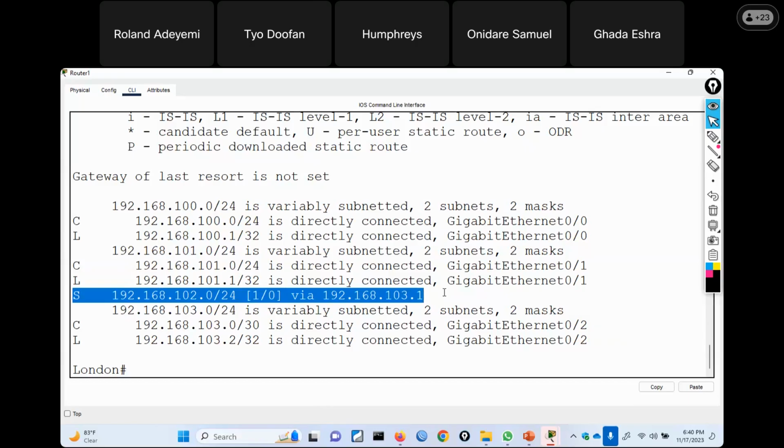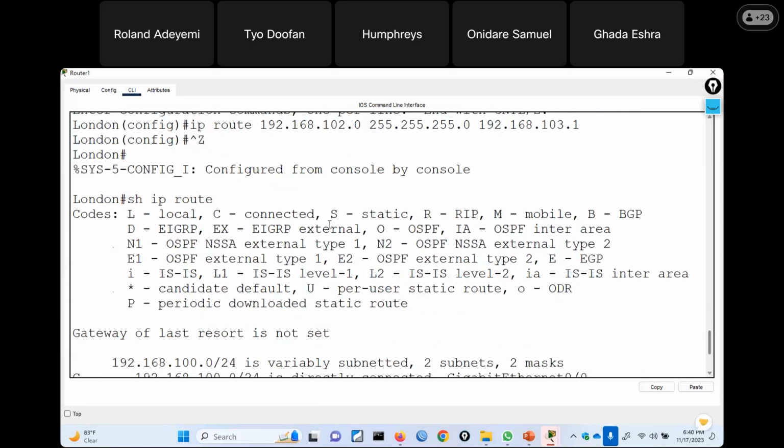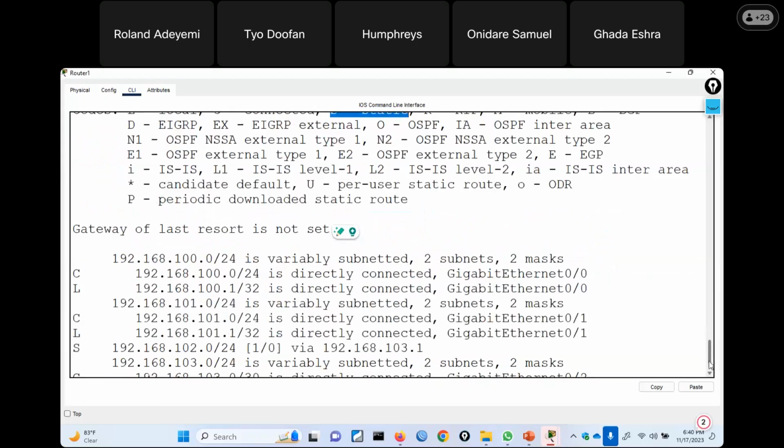The administrative distance of a static route, and the metric is 0, via 192.168.103.1. And the S simply means what? We did it statically, manually. We informed this router manually about that remote network.